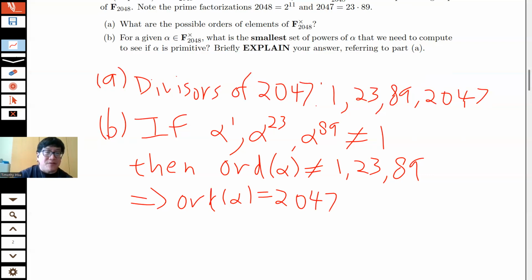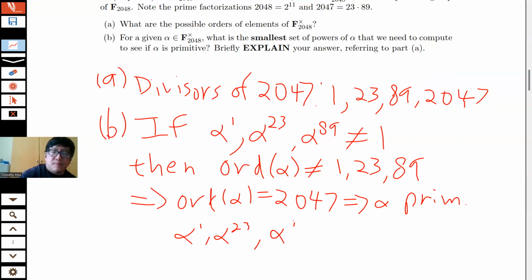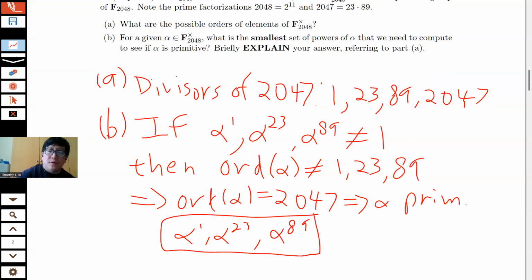If none of those hit, then the order has to be q minus 1, which then implies that alpha is primitive. So the answer is alpha to the 1, alpha to the 23rd, and alpha to the 89. I suppose if you had some magic way of computing alpha to the 23rd, you don't really need to compute alpha to the 1, because if alpha to the 1 is 1, then so is alpha to the 23rd. But okay, good enough.